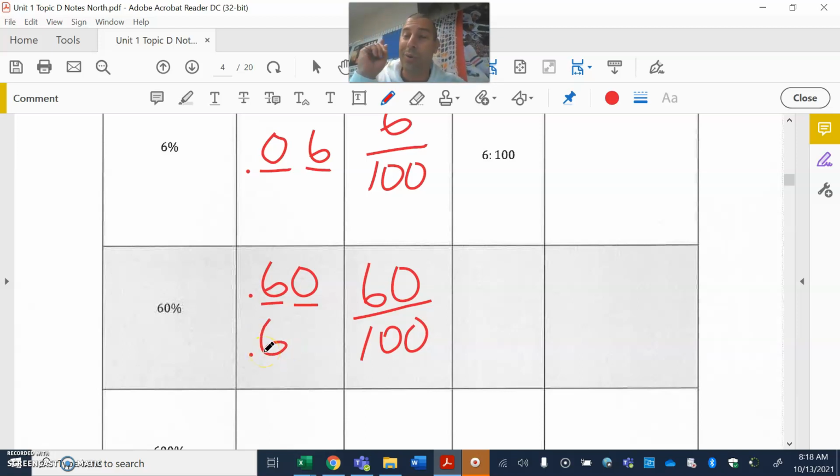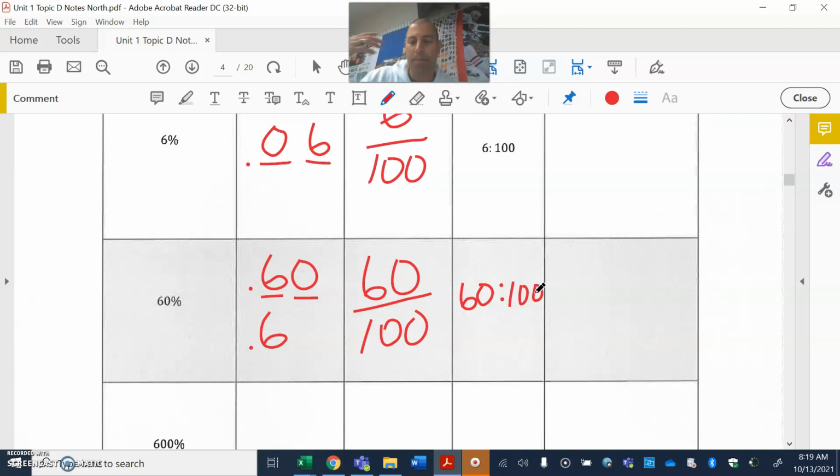It is, because of simplifying. So either one of those would work. The ratio I'm not as worried about, since we've been spending time with that. We're going from fraction form to ratio form, which is something to be aware of. We're more interested in the decimals, percents, and fractions.